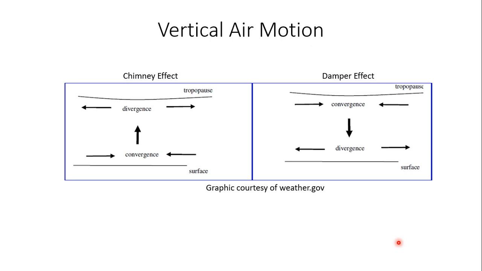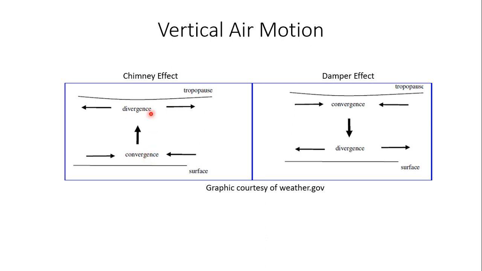All right, one more look here, courtesy of weather.gov, showing you the differences between the chimney effect and the damper effect. In general, with a chimney effect, again, you have low-level converging air at the surface. Notice these dark black arrows pointing towards each other. When these two air streams meet, the air is going to go upward in the atmosphere, and then you usually have a pocket of divergence aloft above that low-level convergence.